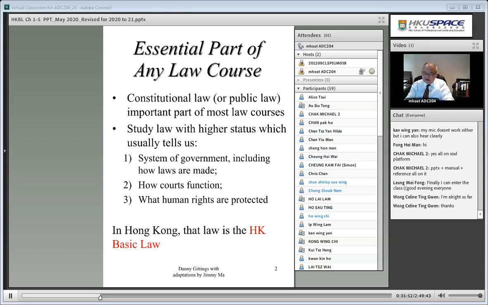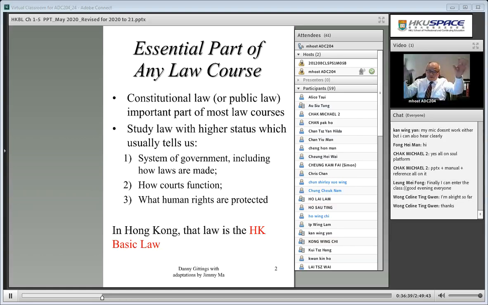When you turn to the Basic Law, Chapter 4, Political Structure, you will see the system of government as provided is with the central authorities at the top, which is the Central People's Government in Beijing, and then the Chief Executive of the Hong Kong SAR, and then the executive authorities, the legislature, and the judiciary.